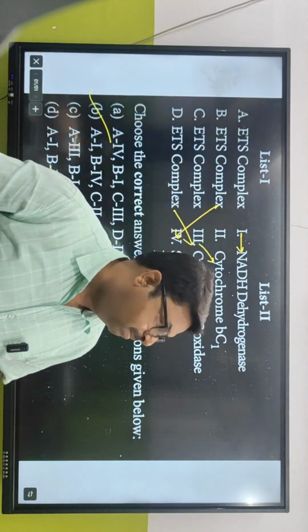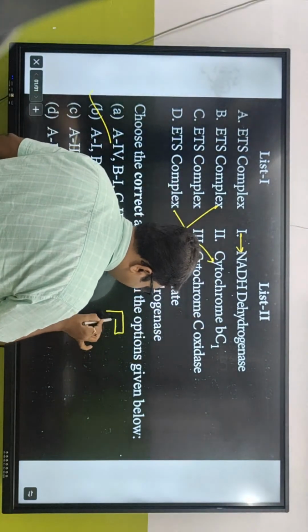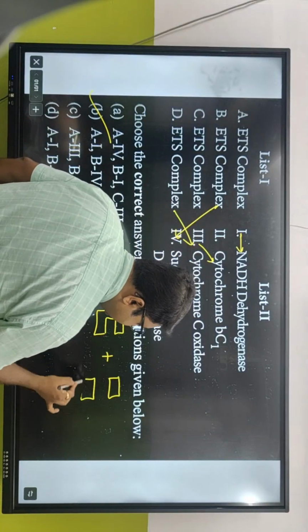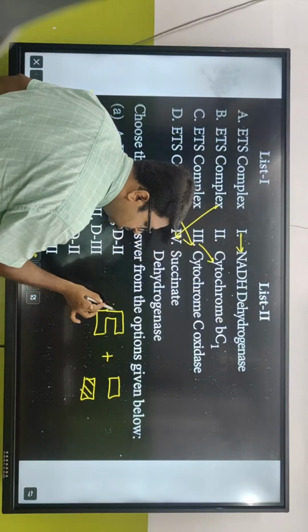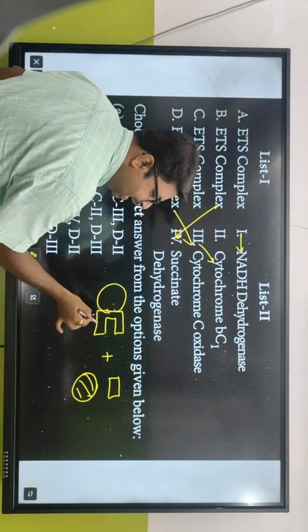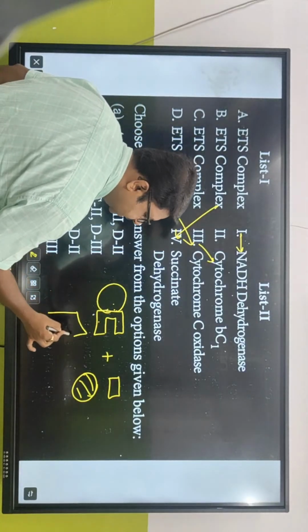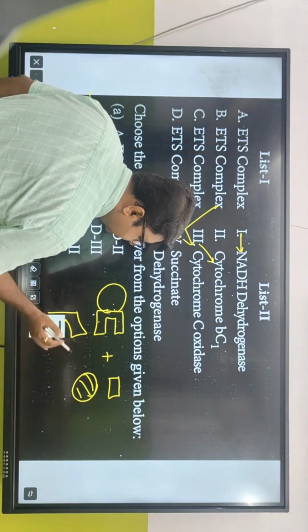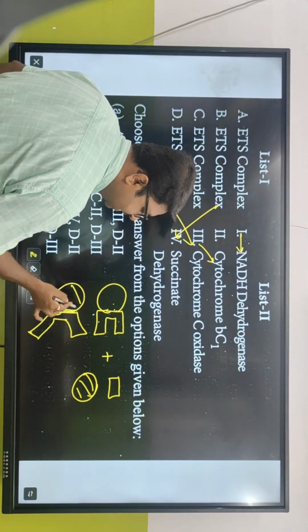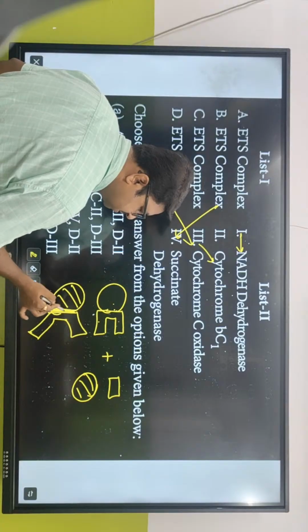Non-competitive inhibitor. Remember, an enzyme E, and this is the substrate, this is the inhibitor. This inhibitor binds with a non-active site of the enzyme and breaks the enzyme like this. মনে পড়ছে? এটা হচ্ছে allosteric site, and this is the inhibitor which binds with the allosteric site.